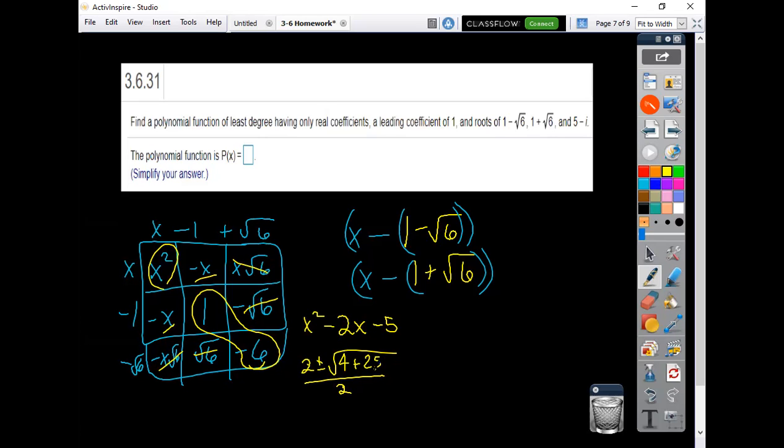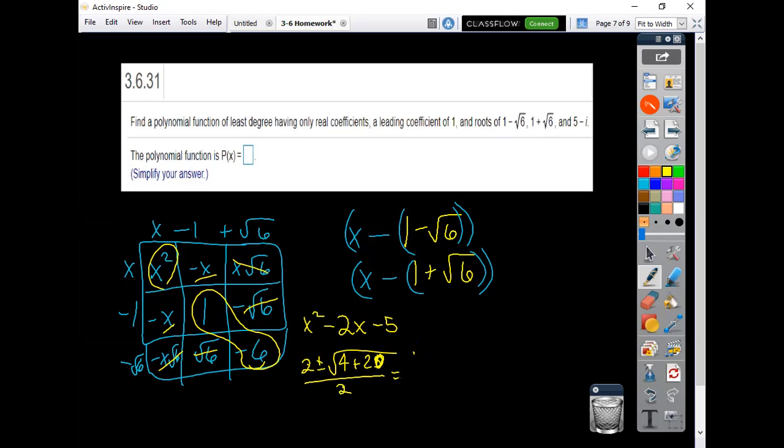4 times 1 times c, that'd be 20, but that's still not going to give me a 16. That's almost even worse because now I'm going to get a real answer here. 20, oh no, I got 24. Let's see what that is. That might work.